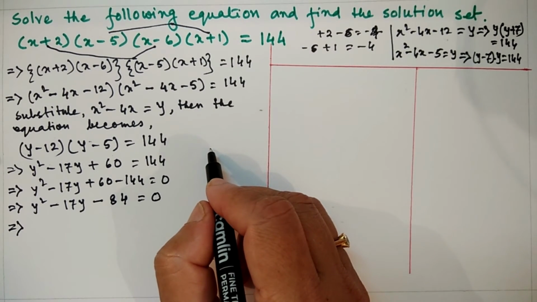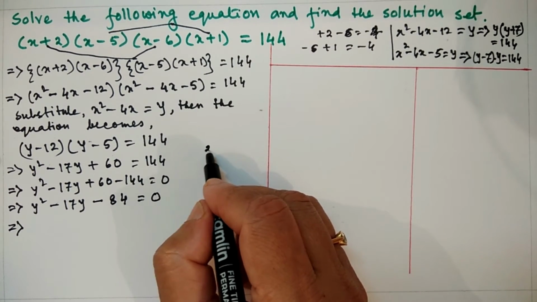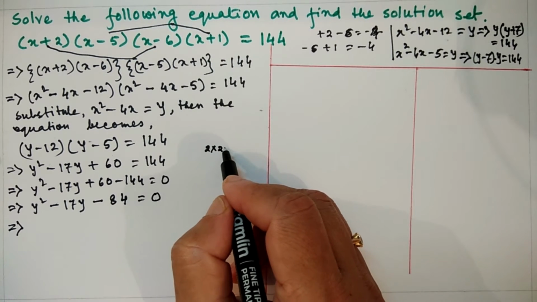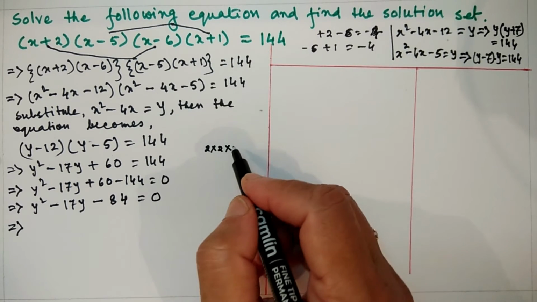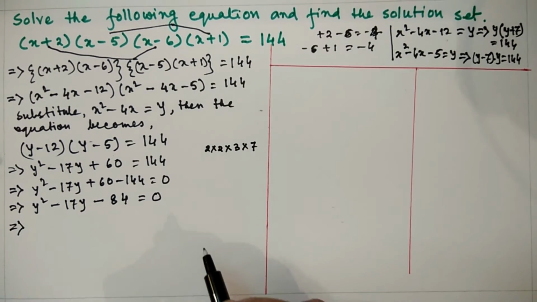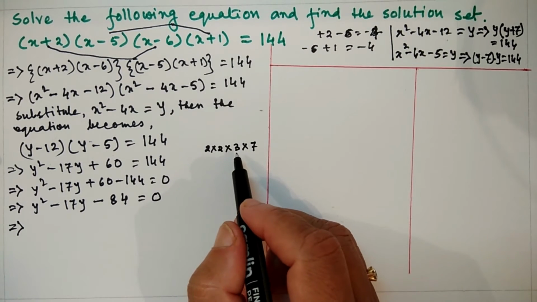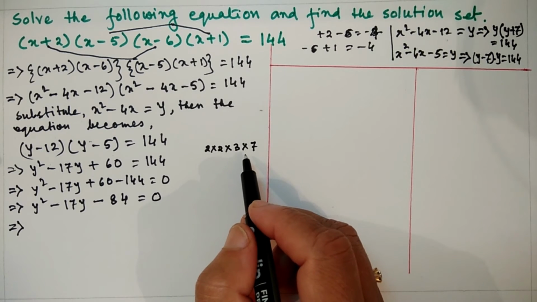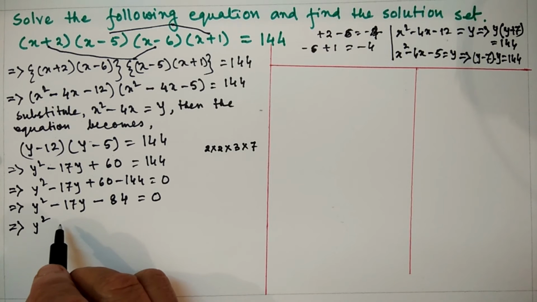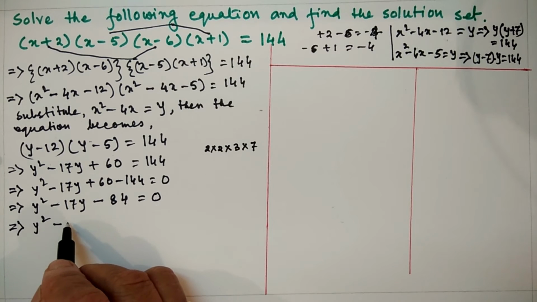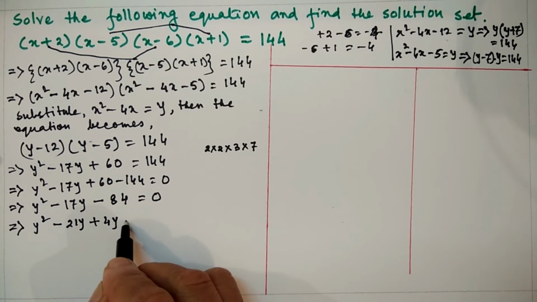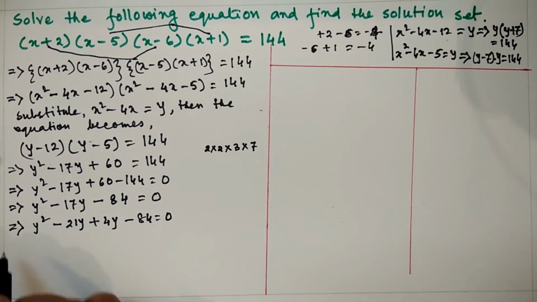So how will you split? Minus 21 we will take, plus 4y we will take, minus 84 is equal to 0.